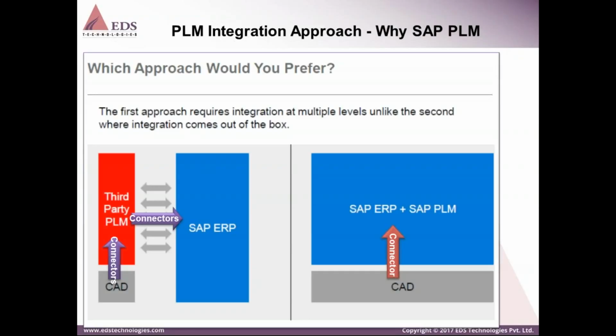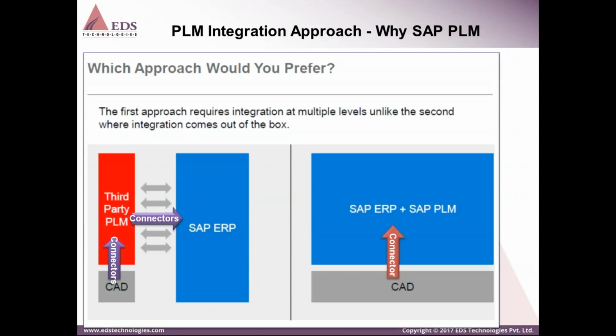licenses, and also the effort involved in implementation. Whereas on the right side, one single connector is required. From the user's point of view, he would have access to the SAP system through this PLM connector right from the CAD. He can access all the SAP related commands, menus, and information and data within his CAD environment.